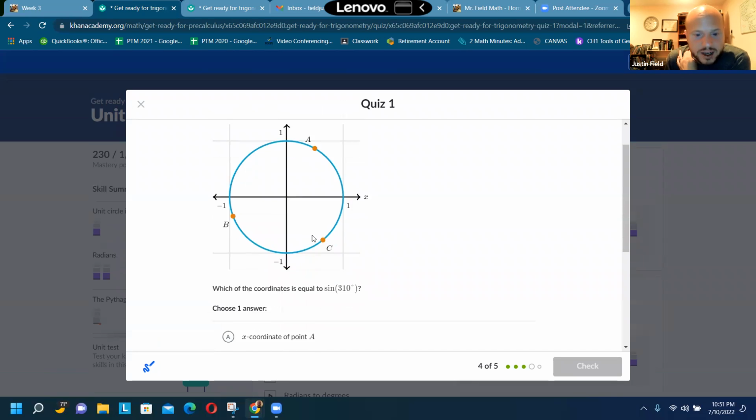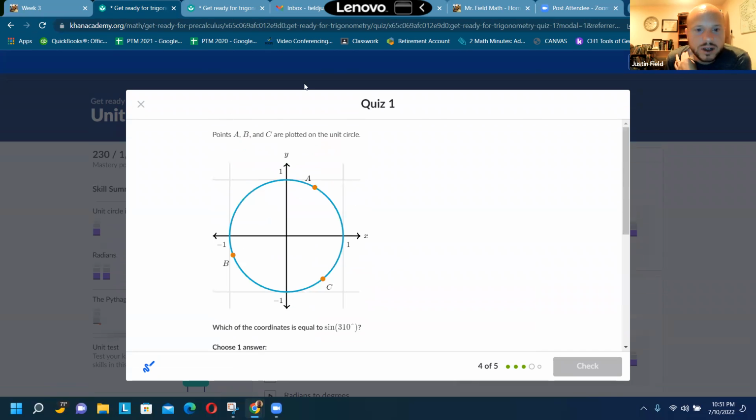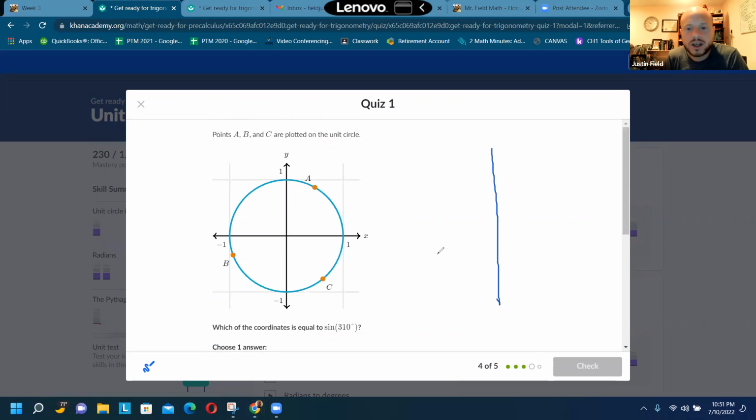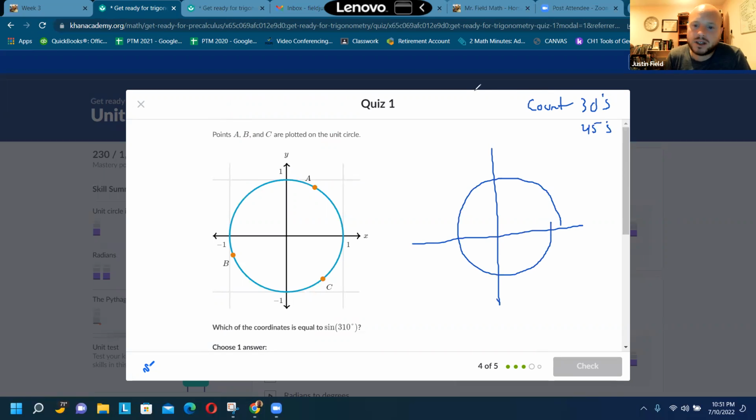Okay, 310. So now we got to talk about that really quickly. I talked about radians. So how do we do degrees? So that's just count, instead of count by 6s, we count by 30s and then 45s. This is for degrees on the unit circle.